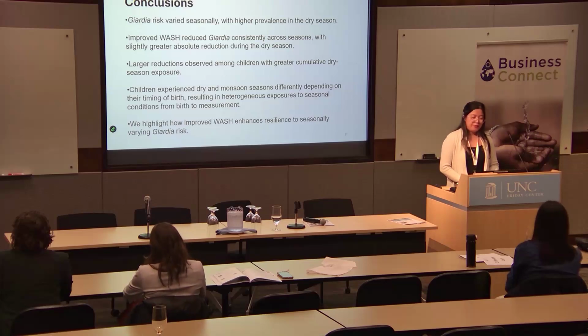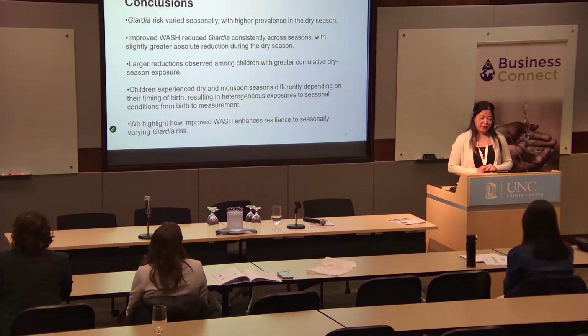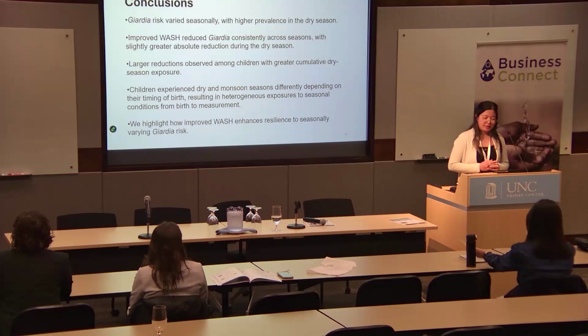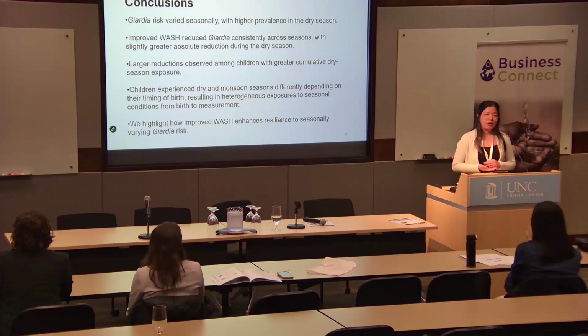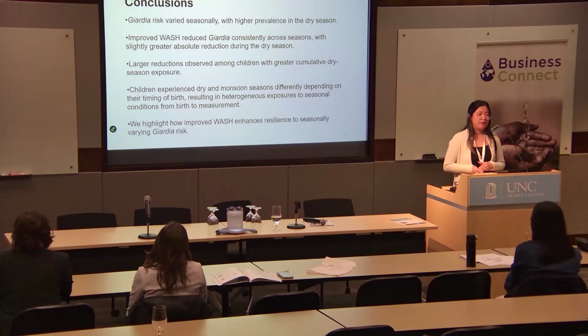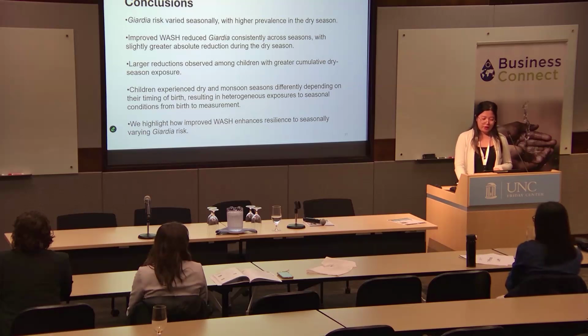So to summarize, we found that first, Giardia risk varied seasonally, peaking in the dry season. Second, improved WaSH consistently reduced Giardia infection across seasons with a slightly higher absolute reduction of about 6% during the dry season. Third, children with greater cumulative dry season exposure experienced greater reductions due to WaSH.